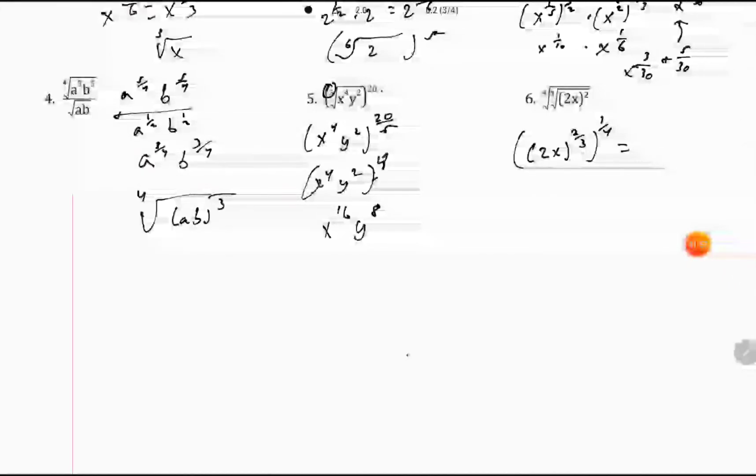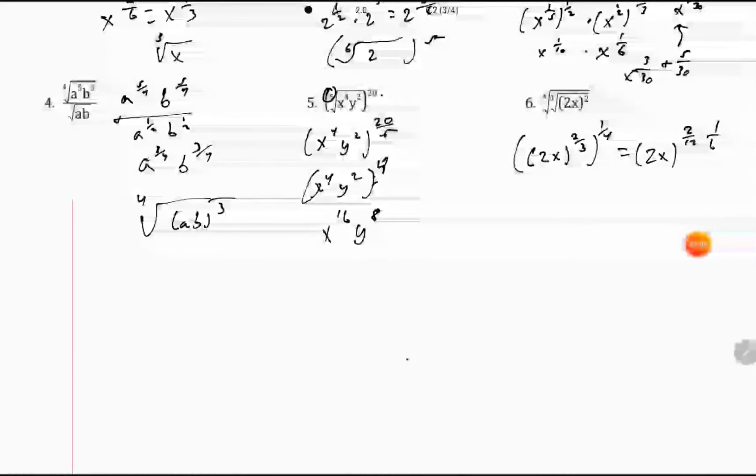This is not so bad. It's multiplication. So this is 2x to the 2 over 12, which is 1/6. So that is 2x to the 6th root. Okay.